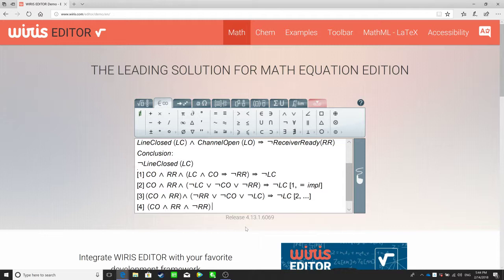So what is in between the 3 things? Or. Yes, or, because this is the or, right? We keep this or. And then it's CO RR and what?